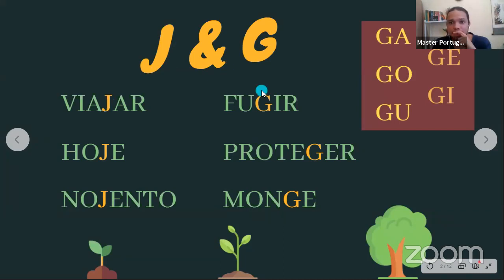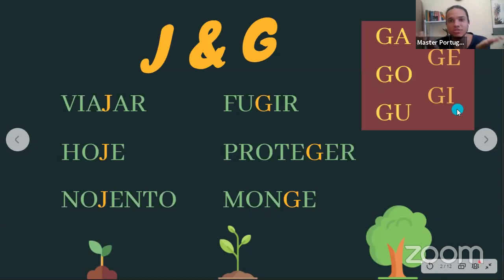And right here, I want you to pay attention to this. Because when we have GA, GO, GU, they are pronounced differently from GE and GI. So we've got ga, go, gu, and here we've got ge, gi. It's not ge, gi with a hard G, it's ge, gi.